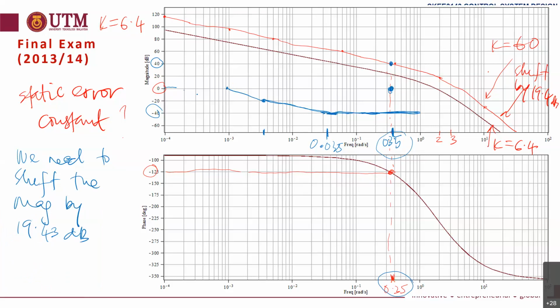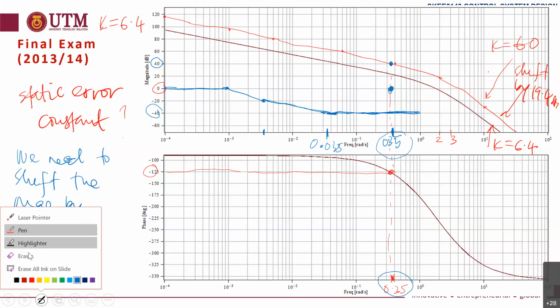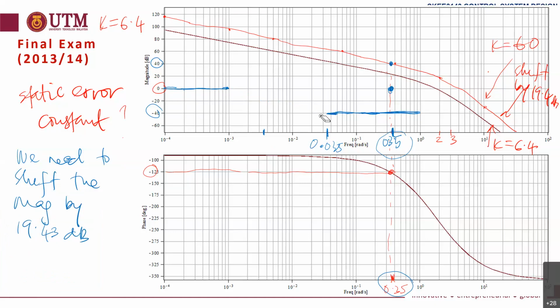That's why I initially deleted this one, because we do not know where it will cross 0 dB. So then we put 0 dB here. This one should be a straight line.